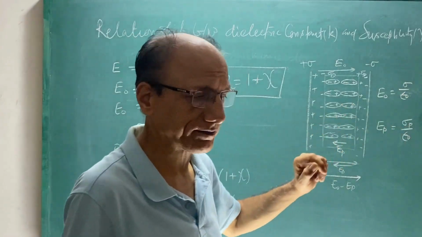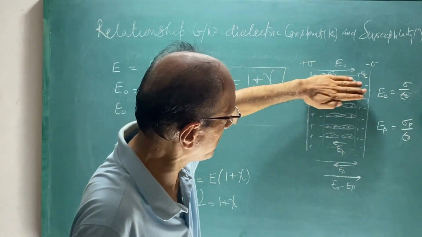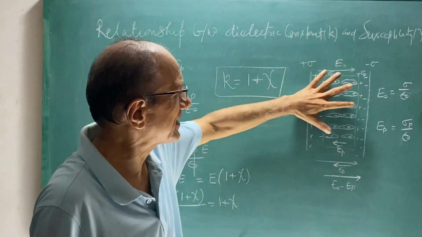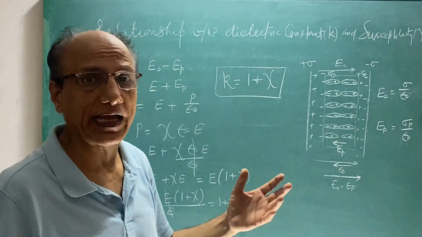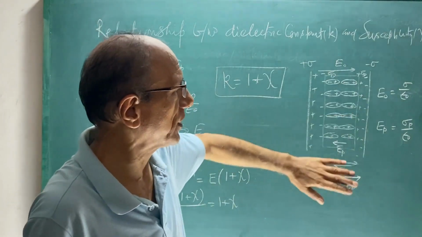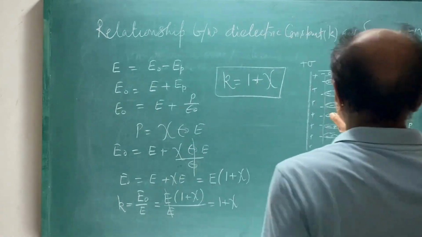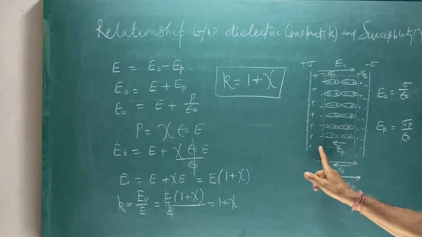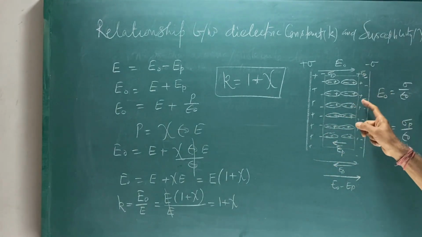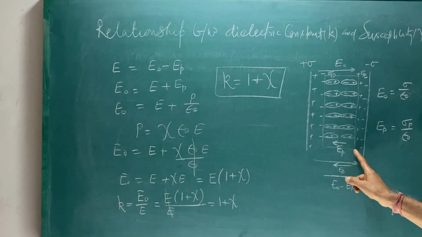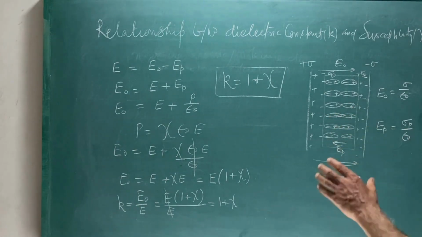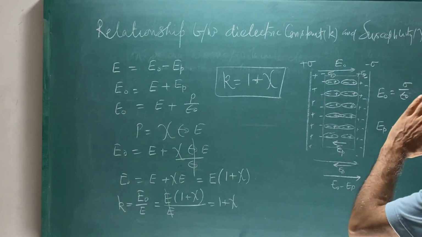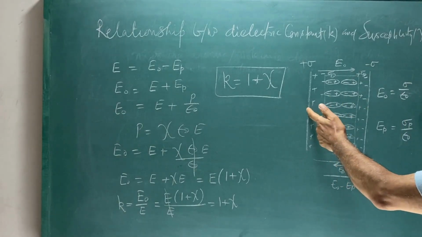by epsilon naught. When this dielectric medium is placed over here, due to this applied electric field E naught, this dielectric will start polarizing, and after polarization, we will have a net negative charge on this face of the dielectric and positive charge on the opposite face of the dielectric, and the polarity of this field or the charge density will be in the opposite direction of the applied one.